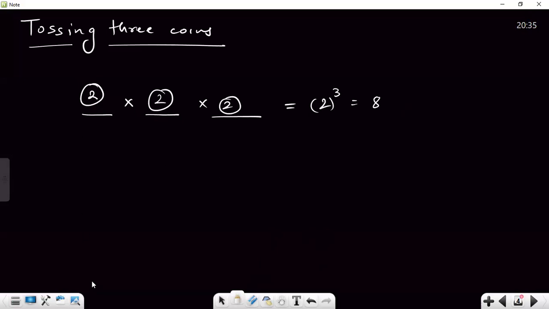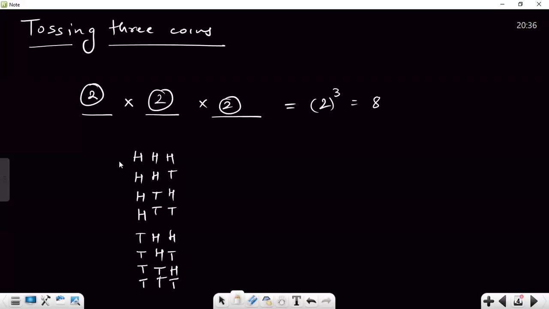So now to list all these 8 possibilities, there is a trick you can use. You have got to write H 4 times, then T for tails 4 times. Now write H two times and then T two times, then H two times and T two times. Now write head and tail, head and tail, head and tail, head and tail. Now you will get the sample space of all 8 possible outcomes when you toss 3 coins.